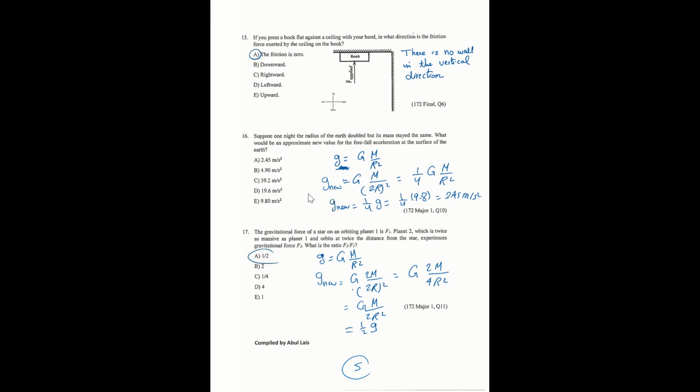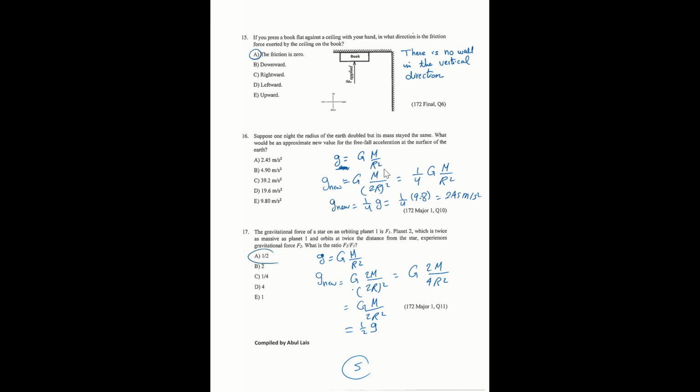And number 16 says that suppose one night the radius of the Earth doubled but its mass stayed the same, what would be the approximate new value of the free fall acceleration at the surface of the Earth? So we know how to calculate the acceleration equals G, which is the universal gravitational constant, M divided by r squared.